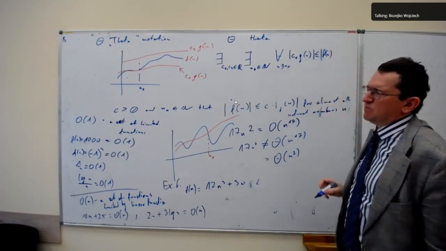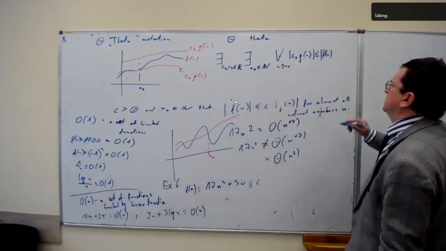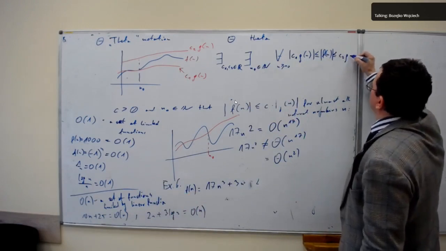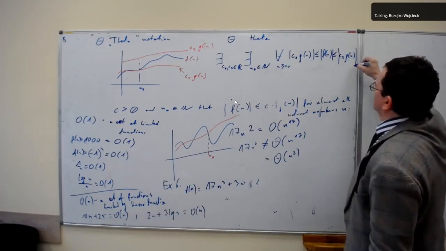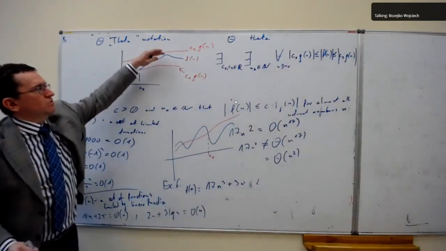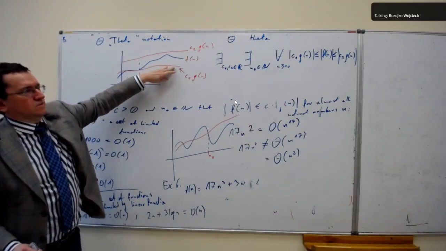This is absolute value because of negative values of the function. Usually it doesn't matter. And this is smaller or equal to C2 times g of n. So this is a formal definition, that we have a limit from upper and lower directions.